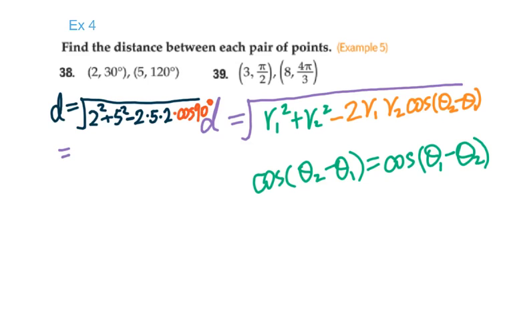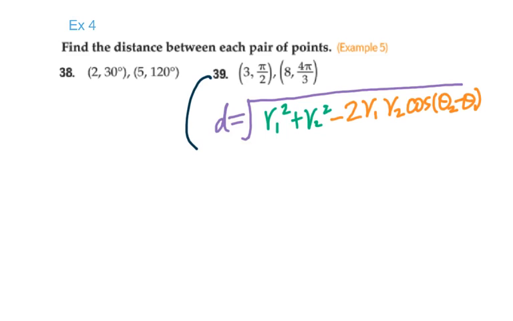So we got square root of 4 plus 25. Cosine 90 equals 0. That means square root of 29 will be the solution to 38.